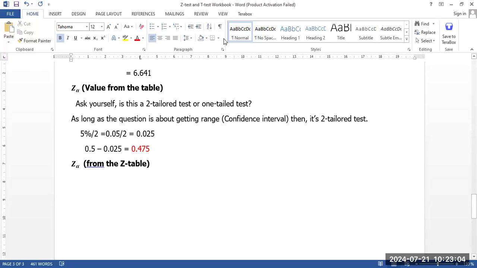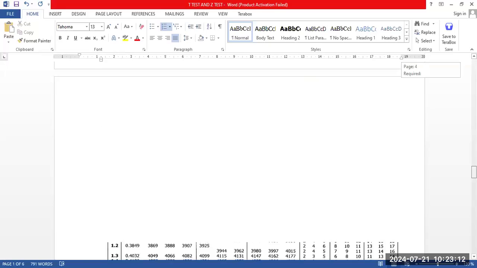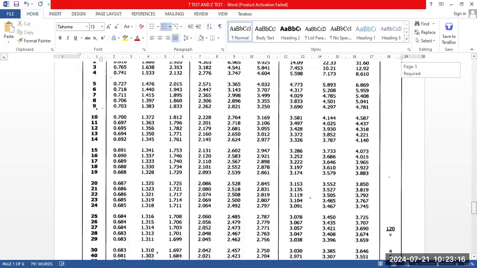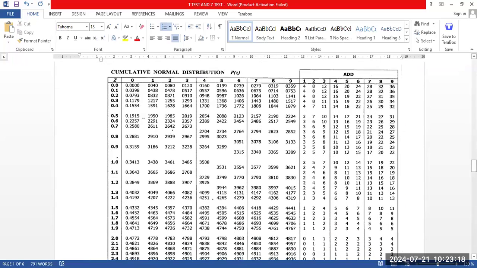And now we use the Z table. Do you have the Z table? If you don't have, we can follow together here. This first table is Z. You see here, P(Z). They are telling you the values you have within the table are probabilities.